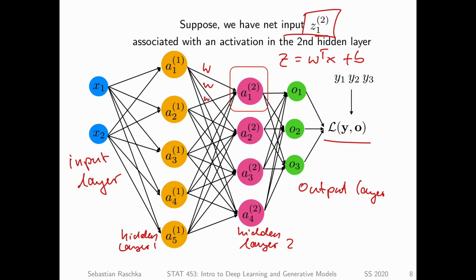This applies for the net inputs in the first hidden layer. If we compute the Z2, this x becomes the activation of the previous hidden layer. So suppose we have this net input that is associated with the second hidden layer.